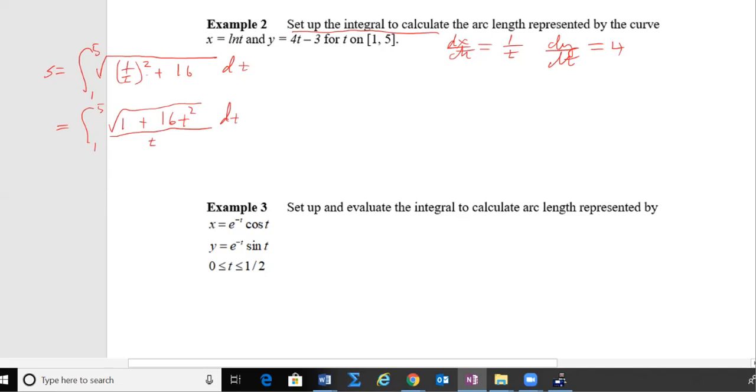Okay, so that's not something that we can actually integrate readily. That would be a problem for a substitution, like a trig substitution, or a table, if you had a table, or a calculator. Okay, so we'll just leave it like that for now.